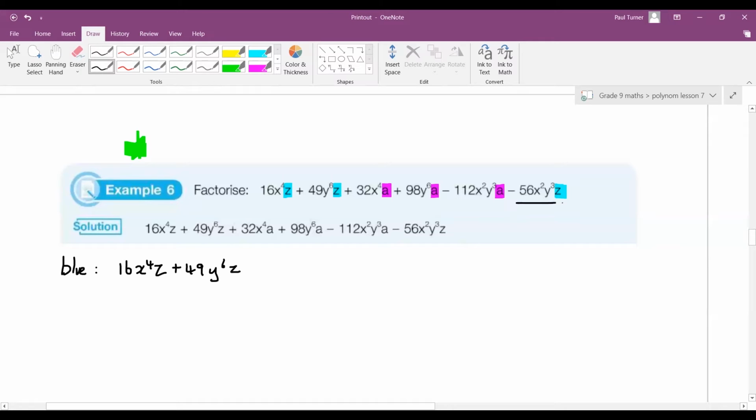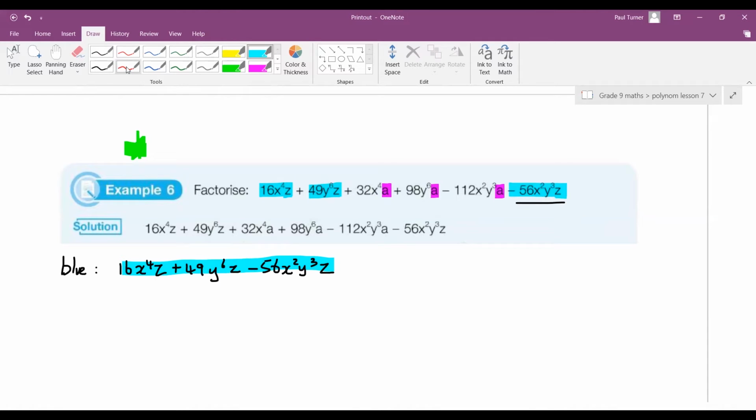And then the last one here with the sign, minus 56x squared y3z. So now we see z is the common factor. So I'm just going to do these blue ones first. I'm just not doing the pink one yet. So we're just dealing with this one here first.